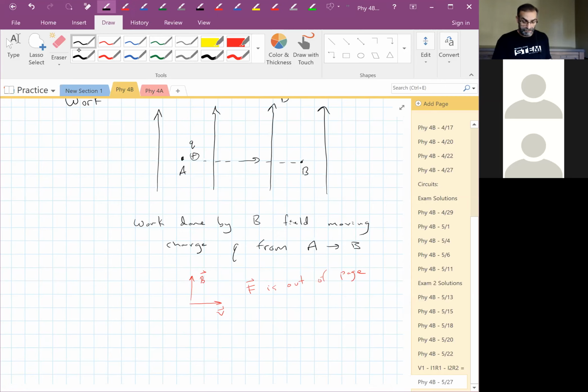Okay. How much work does that force do on the particle moving from A to B? Yeah, this is a dot product, right? Work is force dot distance. So what do you get?